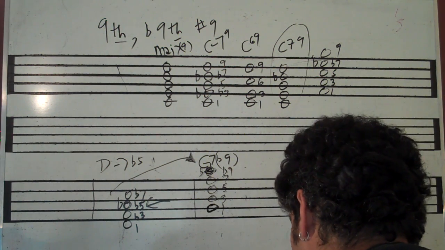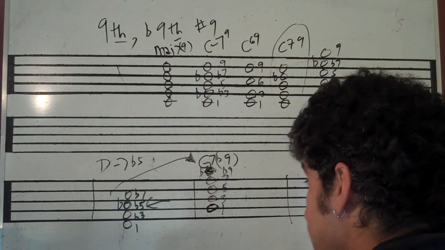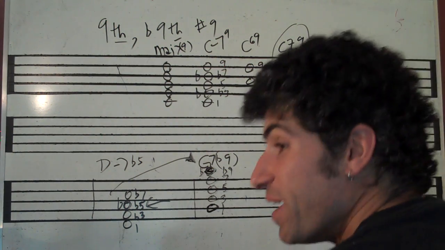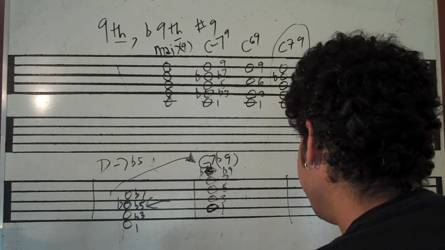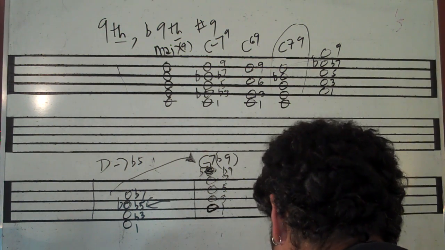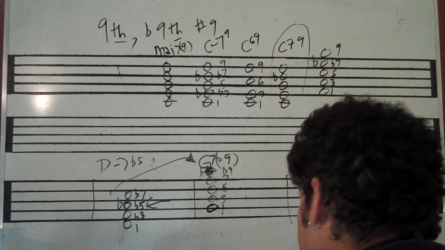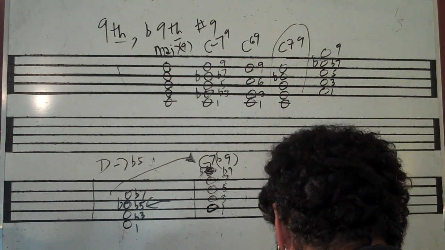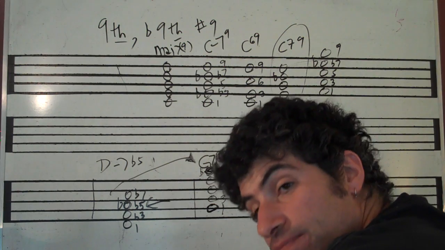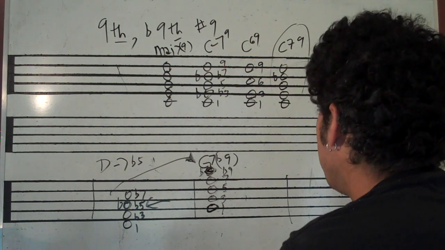Maybe it goes to C major. That's C major with the 9. Listen to it again. So you've got D minor 7 flat 5, to G dominant 7 flat 9, to C major 7 with the 9.